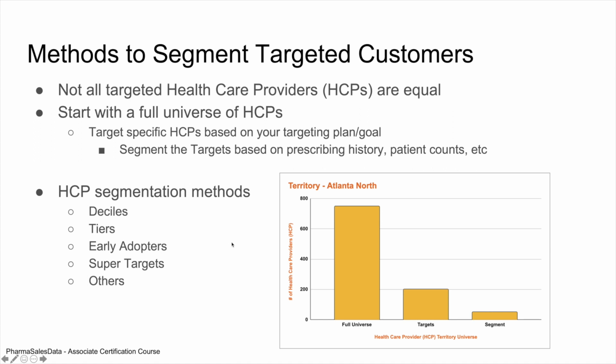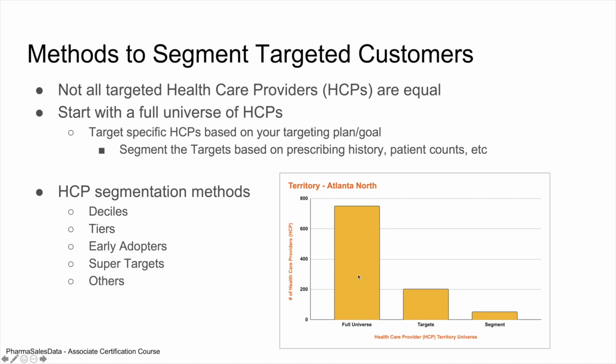Methods to segment targeted customers. So not all targeted HCPs are equal. You basically start with a full universe of healthcare providers. You target specific HCPs based upon your targeting plan or goal, and then you segment the targets based upon prescribing history, patient counts, etc. So in the chart below, you'll see we have a territory, Atlanta North.